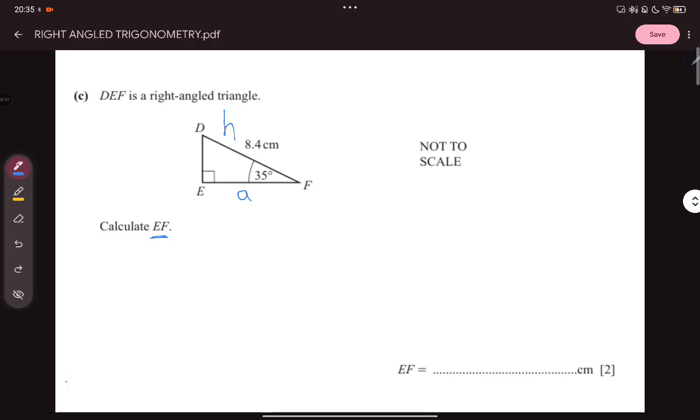So remembering our SOHCAHTOA, we have to decide whether we are using sine, cosine, or tan. So the two sides we are interested in are A and H. So A and H means that we are dealing with cosine. So A divided by H. Remember in your SOHCAHTOA, it's divide by.